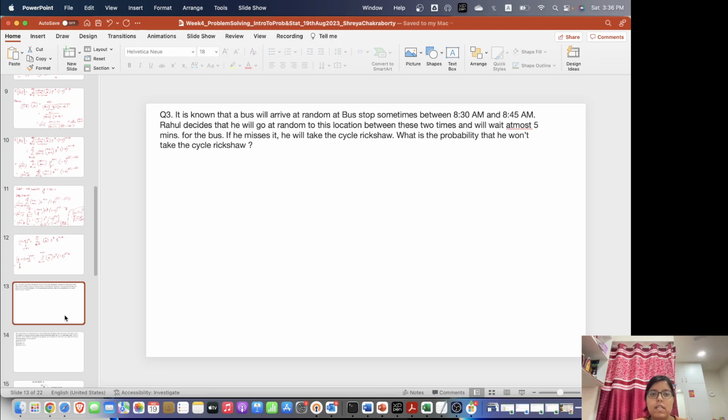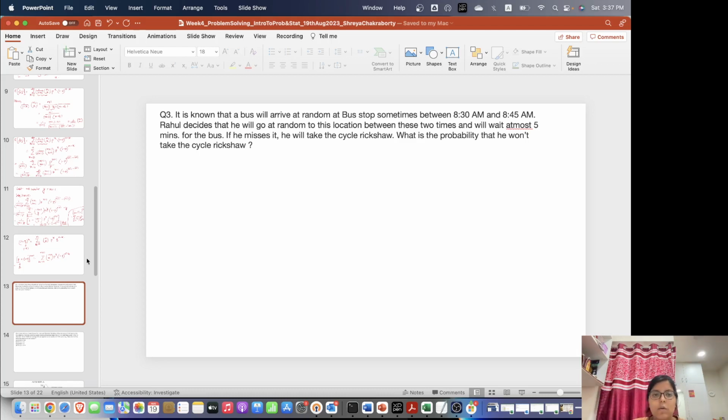Now this person decides that he will go at random to this location between these two times and will wait at most 5 minutes for the bus. More than 5 minutes, this person is not going to wait. And in case he misses it, he will take the cycle rickshaw. So the question is, what is the probability that he won't take the cycle rickshaw?